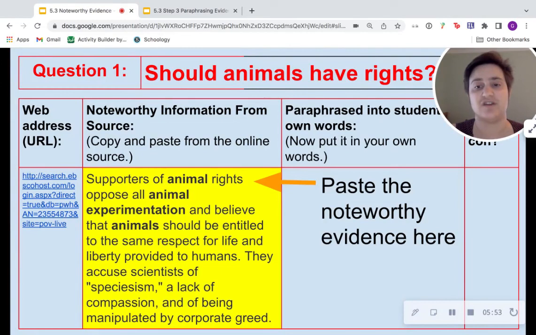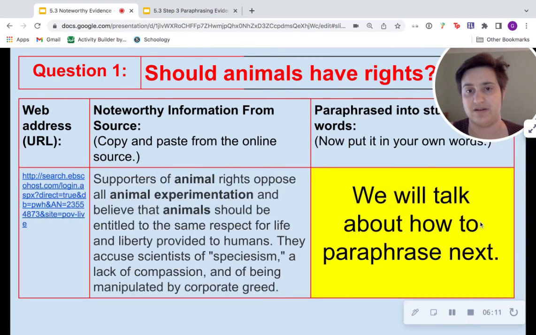Each piece of noteworthy information should be in one row. So if you find a source that gives you 3 different pieces of information that aren't directly one after another, put them in 3 rows. It's fine to use the same source multiple times. That's going to help you stay organized. Next time, we will talk about how to paraphrase.